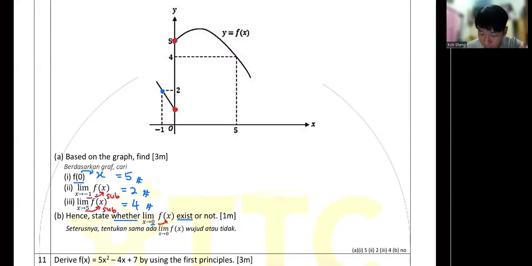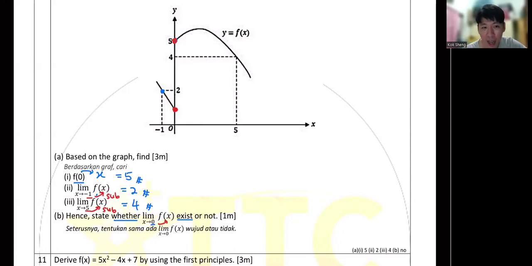Because this graph has 2 different parts, if from the left side of the graph you go all the way until the point, and then do the same thing from the right side, going to the point also. Not sure you understand? I repeat. From the left side of the graph, go all the way towards the point.